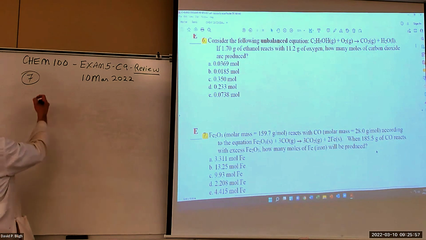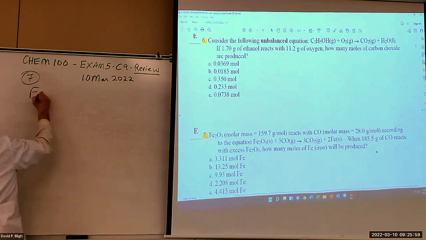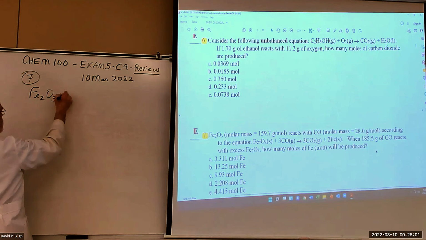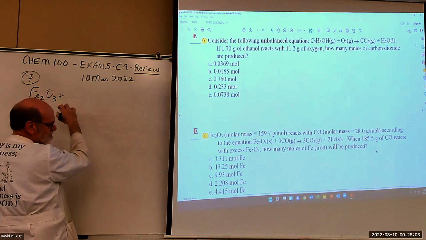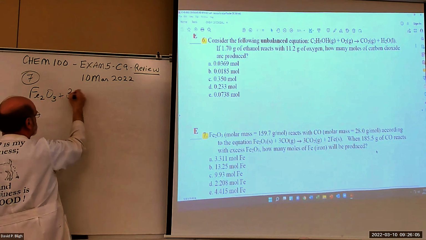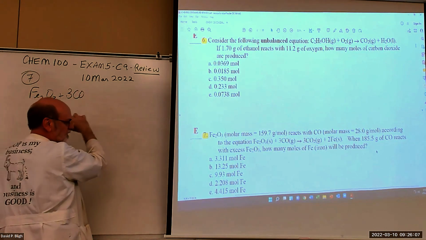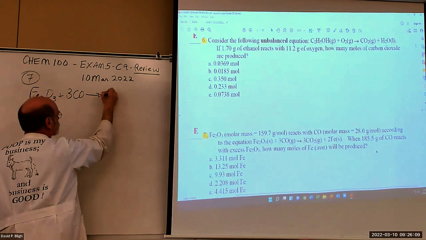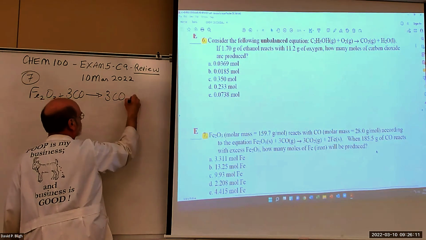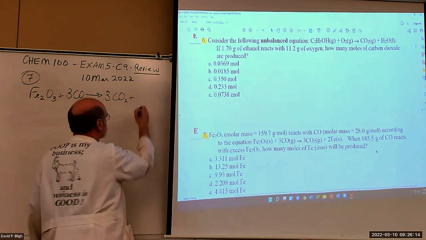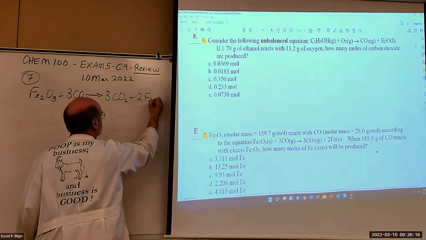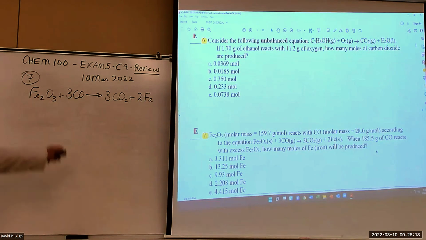Okay, so here's our equation. Fe2O3 plus 3 carbon monoxide yields 3 carbon dioxide plus 2 iron. Okay, double check myself.